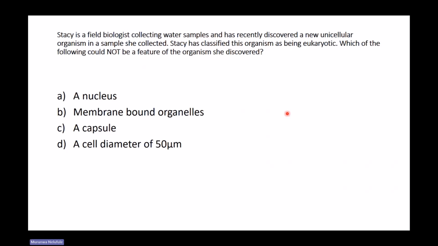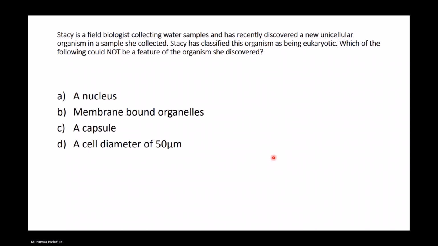In some instances, they would describe the organism that she classified and not describe it as eukaryotic. They will ask you what the organism is, and then give you various options to choose from. When you choose eukaryotic, you are then able to answer the follow-up question, which is this. But it's a hypothetical statement. Okay, thank you.